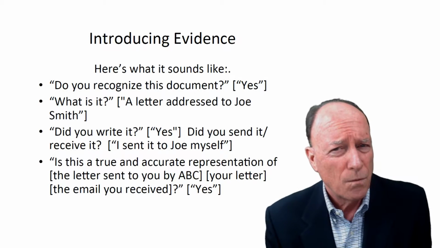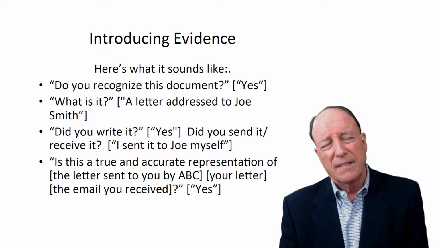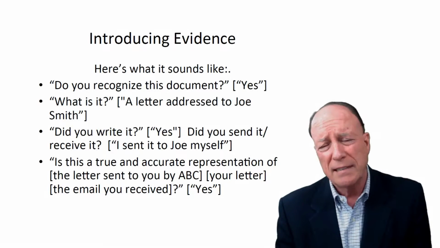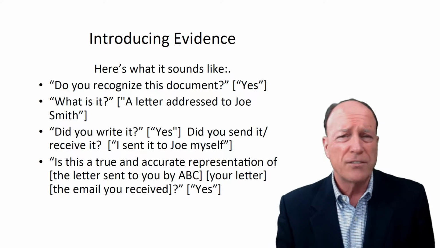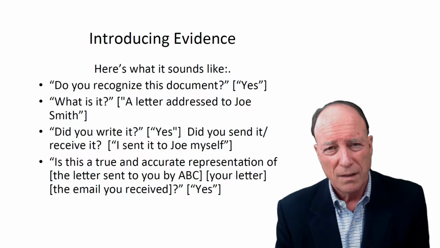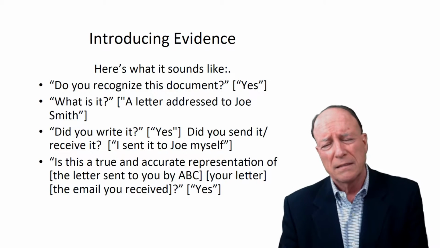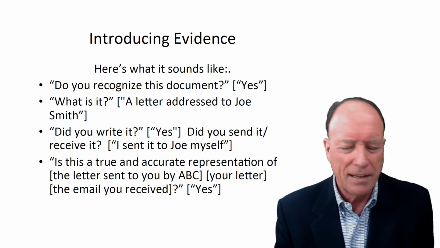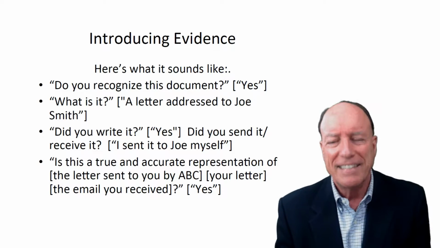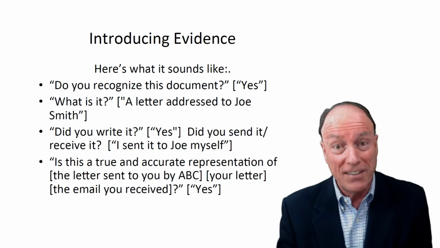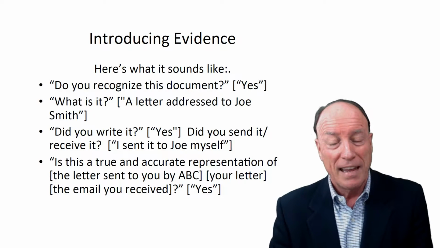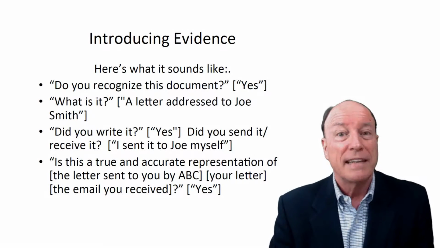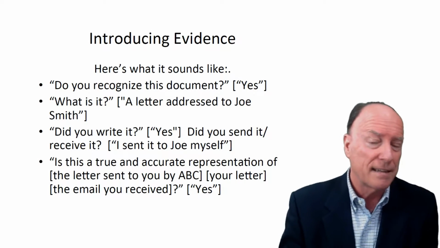Then I say, what is it? And the witness describes what it is. This is a letter addressed to Joe Smith. Did you write it? The witness may say yes. I may ask, depending on what this document is, did you send it, or did you receive this letter? And the witness will describe, yes, I wrote it, yes, I sent it, yes, I received it.